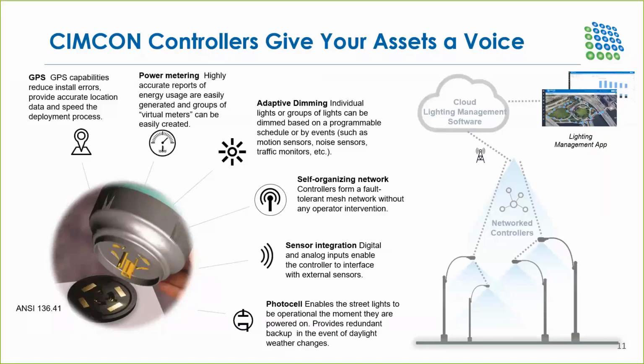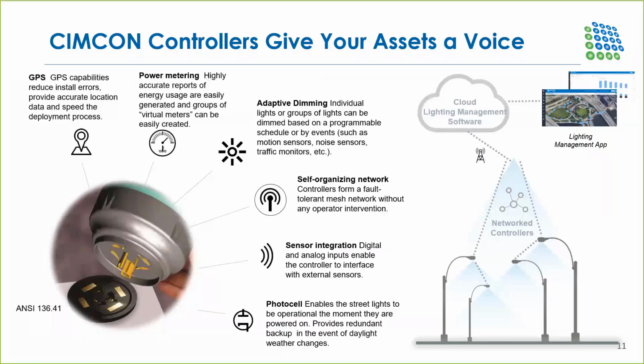Also, we integrate other sensors throughout the network. For example, we were talking about air quality sensors, microphone detection for loud bangs if you're in an urban environment. We detect all of that. And at the end of the day, it is a photocell.